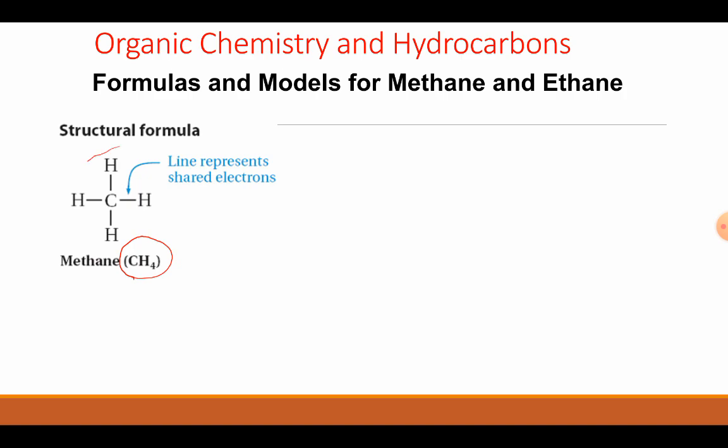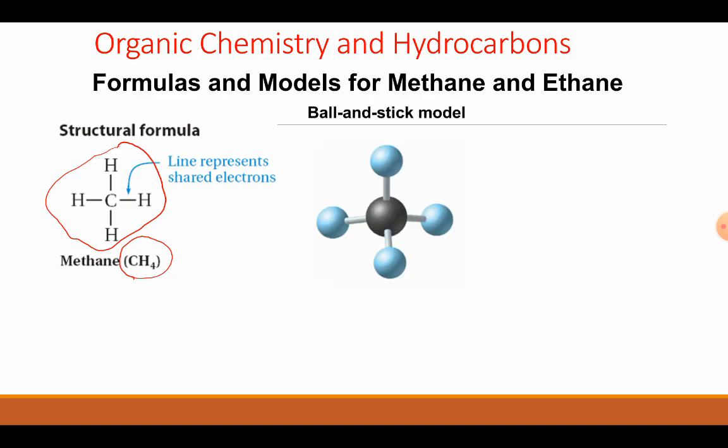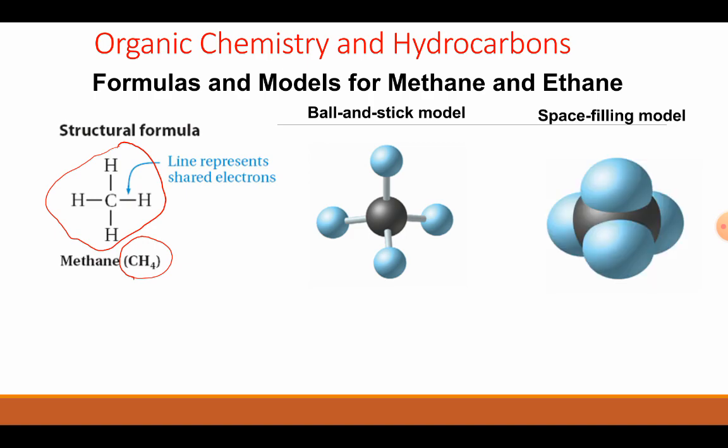But the structural formula shows us how the carbon is connected to the hydrogen. Second one, the ball and stick model, like we saw before in the lab. And what else? The space filling model, the third kind of model, of course. But we will talk more about the structural formula.